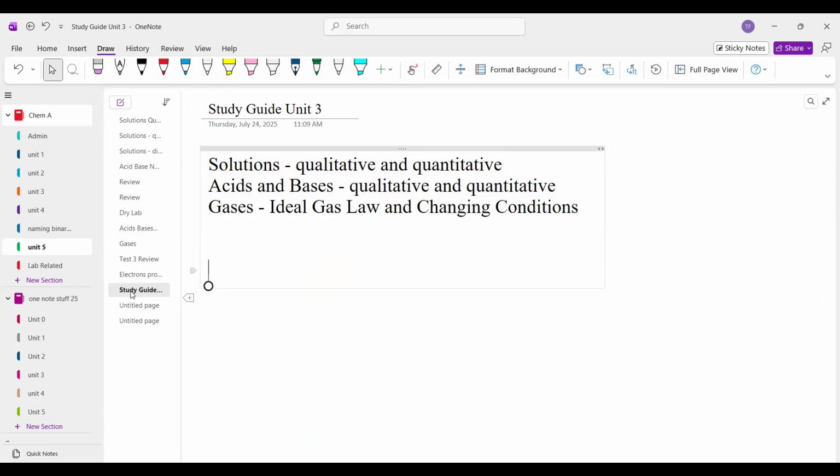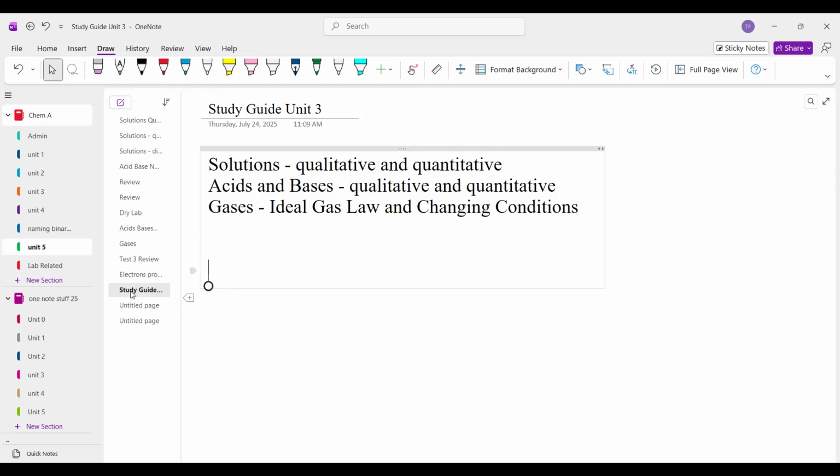Yesterday we talked about ideal gas law and changing conditions with gases. Your lab today is going to go through that as well. Acids and bases, what is an acid? What is a base? That's under qualitative. What's an endpoint? What's pH? Quantitatively, you're going to be able to calculate concentration of acids, concentration of bases, and titration.